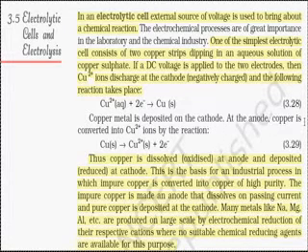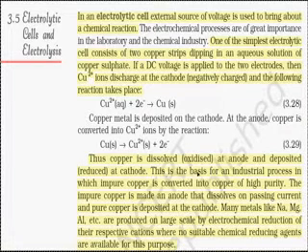At the anode, copper is converted into Cu2+ ions by the reaction Cu forms Cu2+ plus 2 electrons. So here oxidation is taking place at the anode. Thus copper is dissolved, that is oxidized at the anode, and deposited, that is reduced at the cathode.